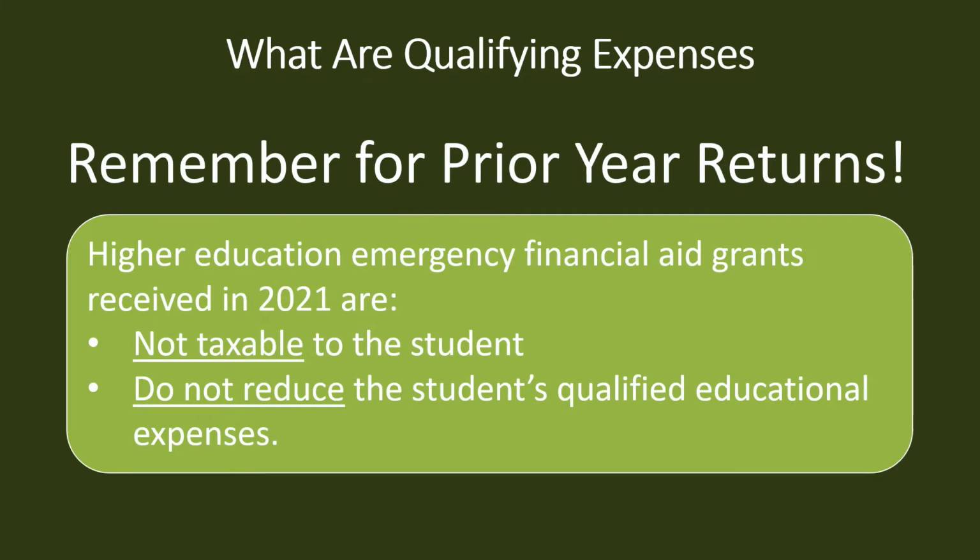And then our special exception just for 2021 is that those higher education emergency financial aid grants that some students have been able to get, they are not taxable to the student and they do not reduce the student's qualified educational expenses.